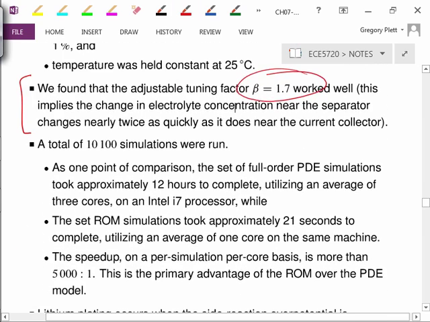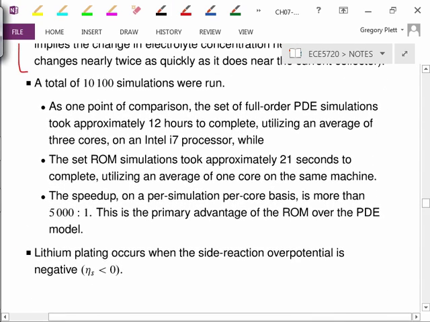Ran a lot of simulations, 10,100 simulations. And as one point of comparison, the full order PDE simulations took about 12 hours to complete using 3 cores on an Intel i7 processor using COMSOL, compiled product. The reduced order model simulations took 21 seconds to complete using an average of 1 core running MATLAB and interpreted product on the same machine.